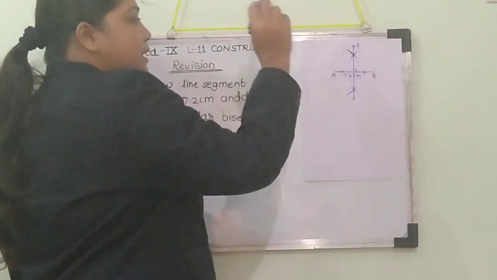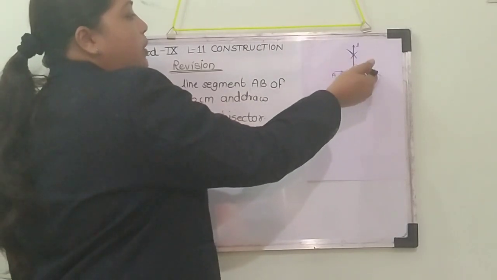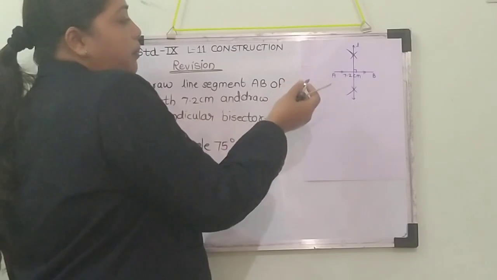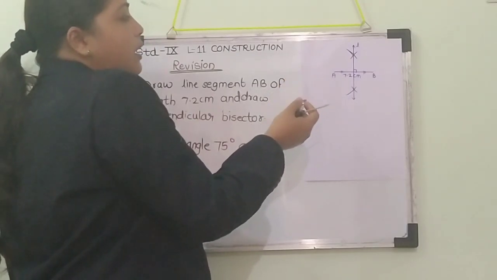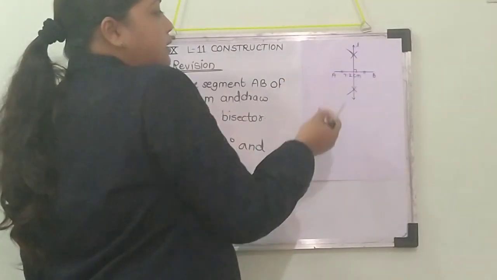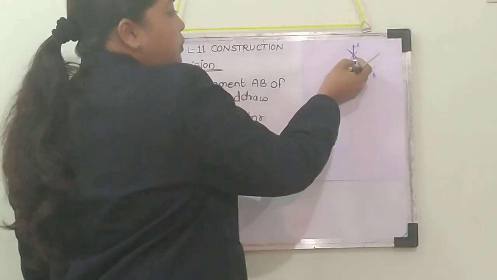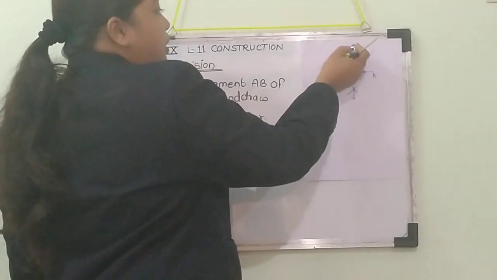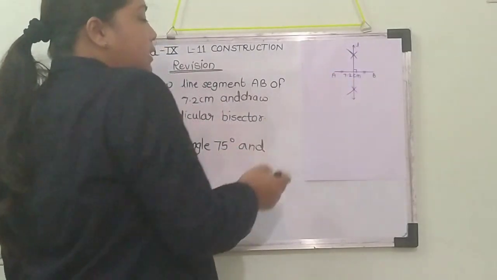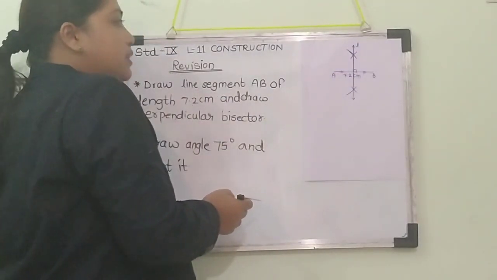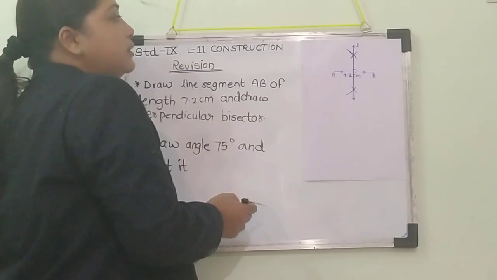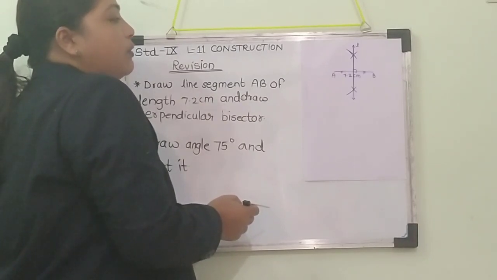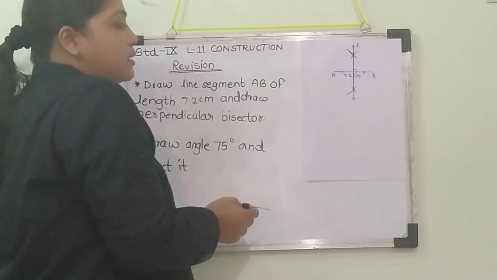With the same distance we draw the arc from point B, above and below. The arcs intersect each other, and we draw a line passing through this intersection. So we can say that this line is the perpendicular bisector of the given line segment.